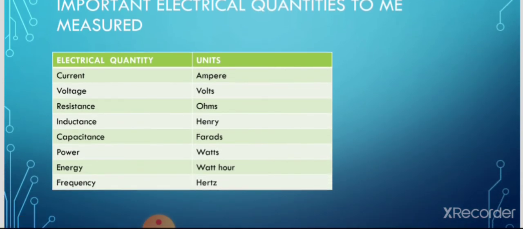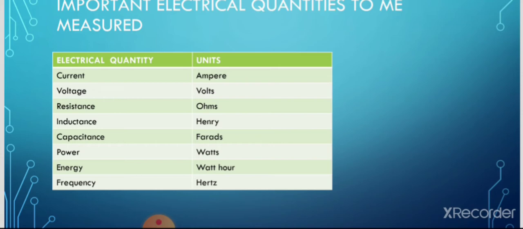Let us see some important electrical quantities to be measured. First of all, we are considering an electrical quantity like current, which is the flow of electrons. Its unit is amperes and it is denoted with the capital letter I, and the instrument used to measure the value of current is the ammeter.